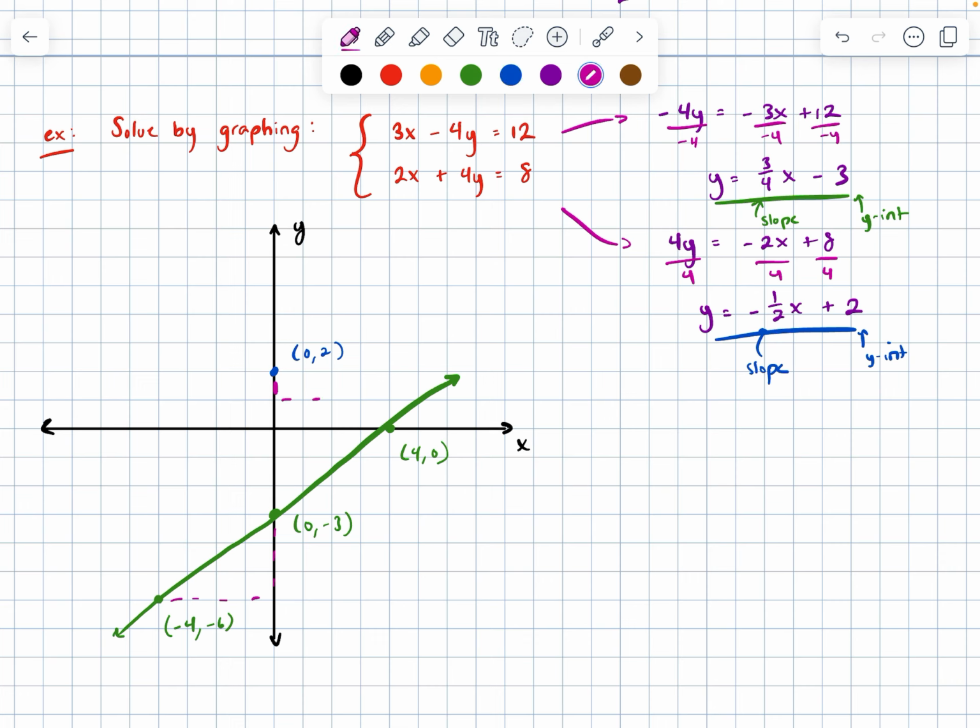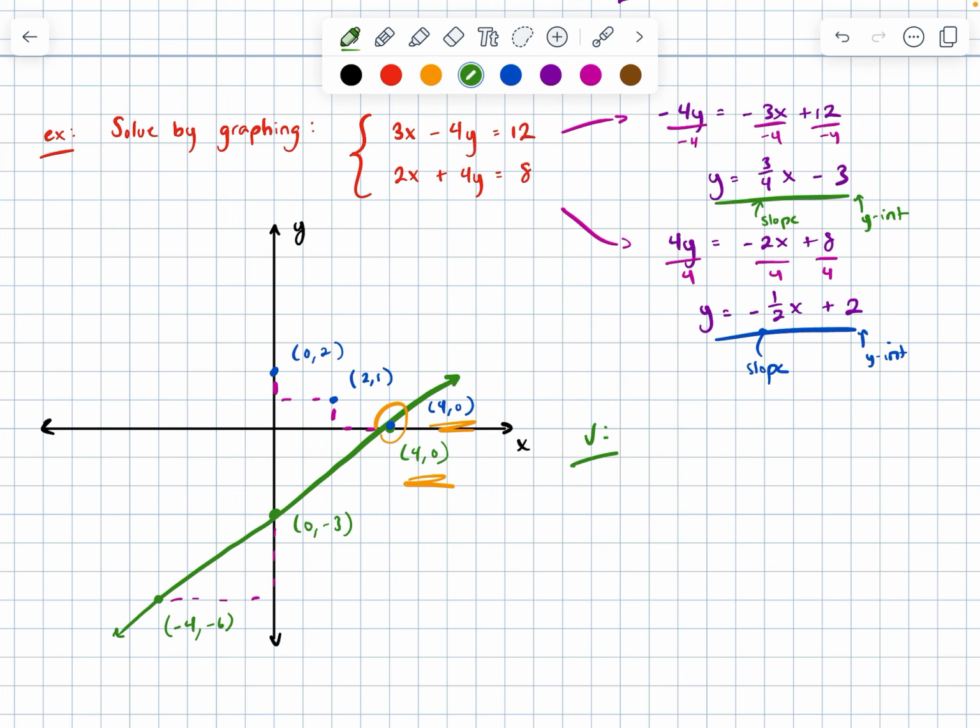So if I go down 1 and over to the right 2, I'll find another point over here. This guy's coordinate would be at 2, comma 1. And then if I use my slope again to continue going to the right, look at that. I've got another point right here at 4, comma 0. So it looks like 4, comma 0 is going to be our solution.